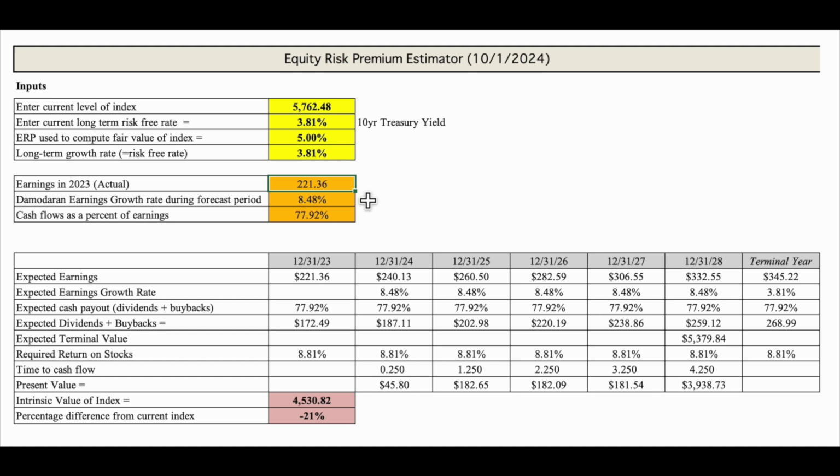And we will follow Professor Damodaran in this respect so that we can use his numbers. Based on the analyst forecast, he concludes that the average growth rate in earnings over the next 5 years will be 8.48%. And that's quite optimistic.